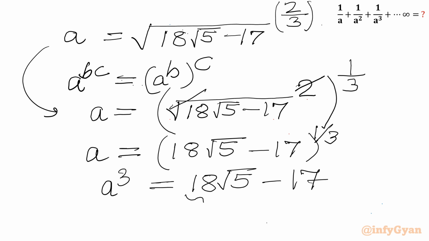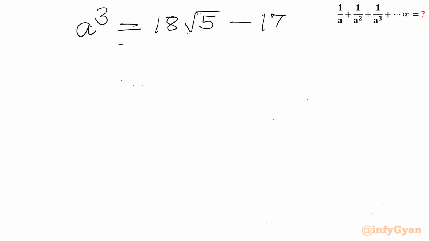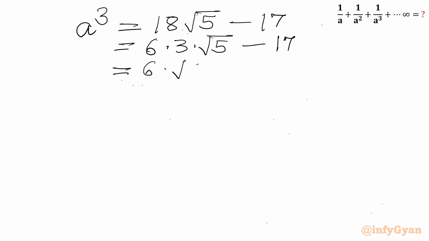Now can we factor 18 as 6 times 3? Let me write here. A cube equal to 18 root 5 minus 17. So we can write 6 times 3 times root 5 minus 17. Can we write 3 as root 9, minus 17?